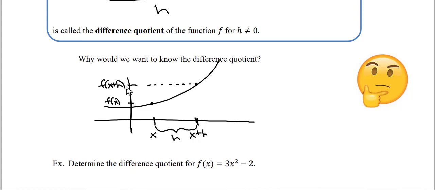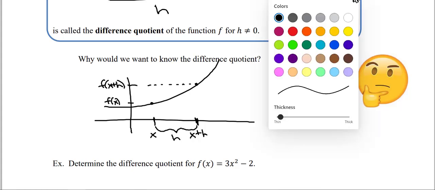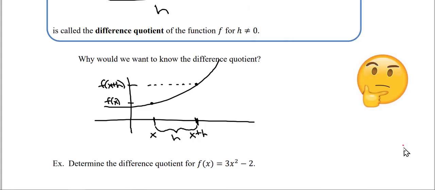So what the difference quotient actually gives us is something that is actually taught in the next unit, calculating the slope of a line, but I think most of you have seen it. We're going to do a little preview for what's to come. Slope is equal to rise over run, or the change in the y values.